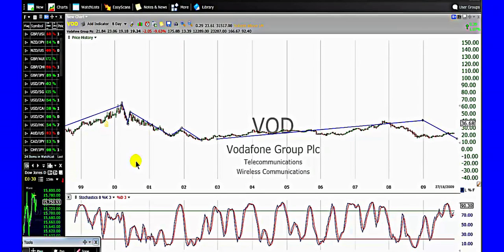Luckily, I'm using TC2000 that allows me to see the 8 days chart. So now on my 8 days chart for this Vodafone stock, I finally zoom into it and can clearly see with my eagle eye, so to speak, 5 internal waves or 5 subwaves. 1, 2, 3, 4, 5.